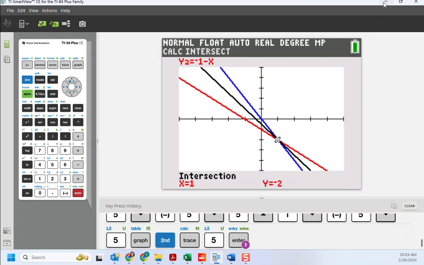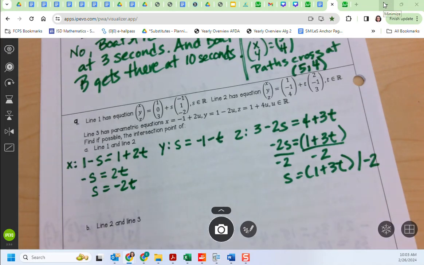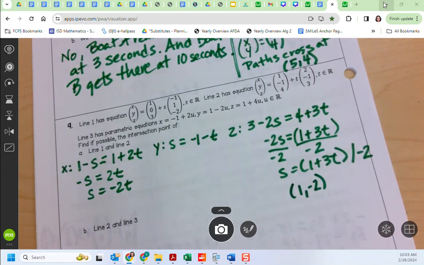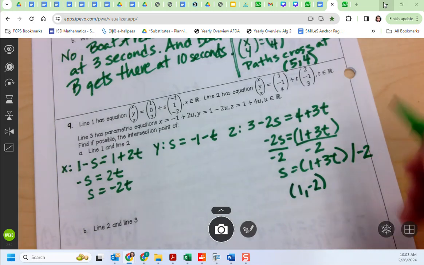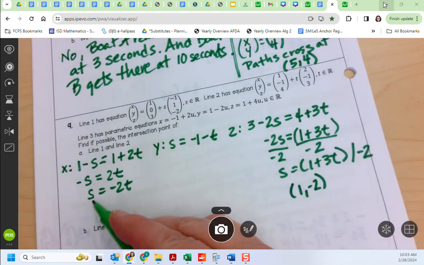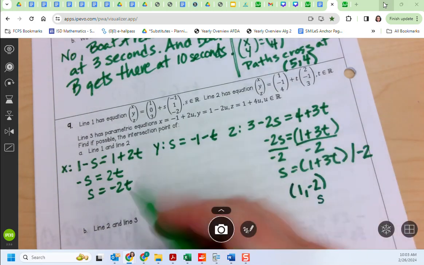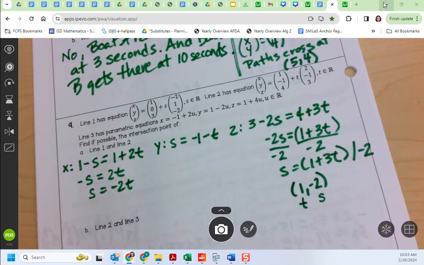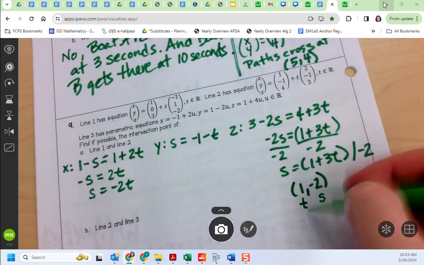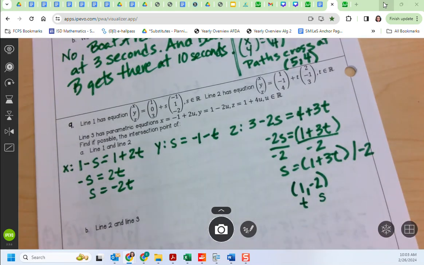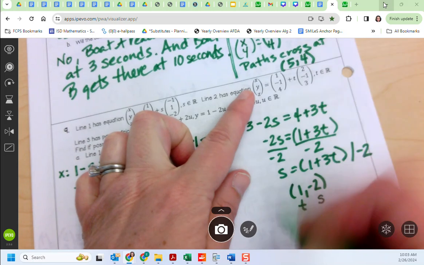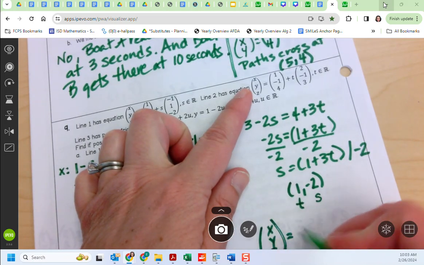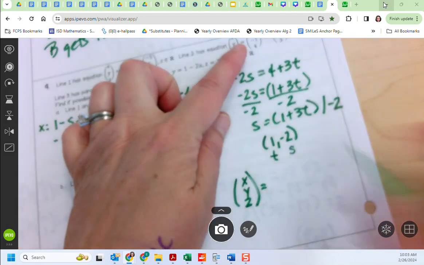So let's go back. 1, -2 is going to be, let's see, S is going to be my Y, so this is my S, and then T is my X, so this is my T. So to find the point where they intersect, you need to substitute, and I'm going to do the 1 for the T, because that looks easier to me. So I have X, Y, Z equals this one.